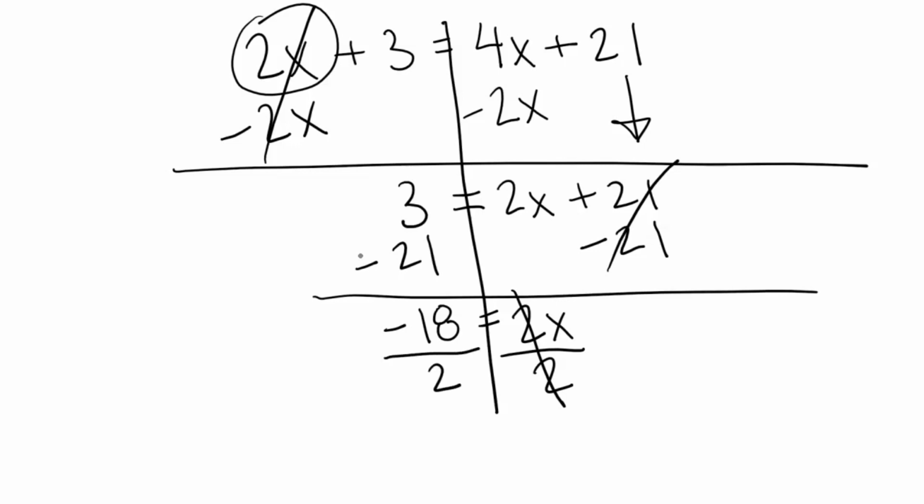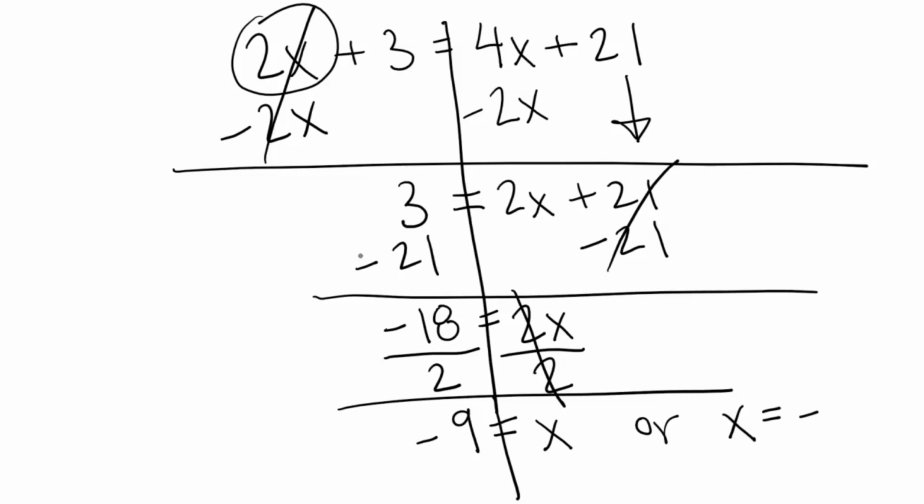Divide by 2. Okay, so then I get negative 18 divided by 2 is negative 9 equals x. Or traditionally we write this like x equals negative 9. So that's our answer. x equals negative 9.